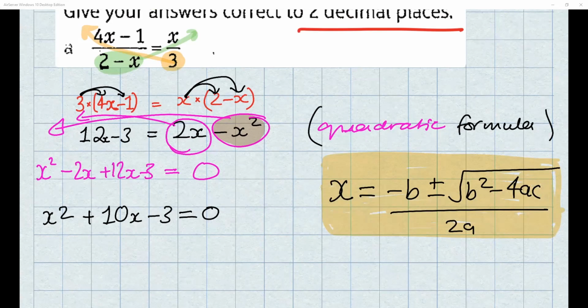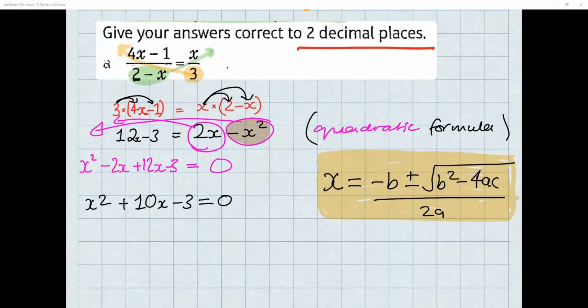Now, what are the a, b and c? What's all that talking about, Ibrahim? The x squared, 10x, and minus 3. So a, b and c are talking about the different coefficients, the different multipliers in the question.